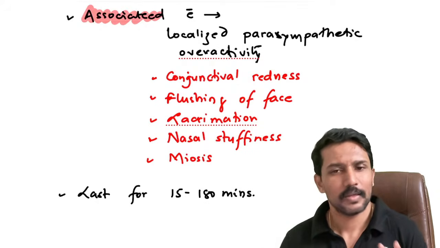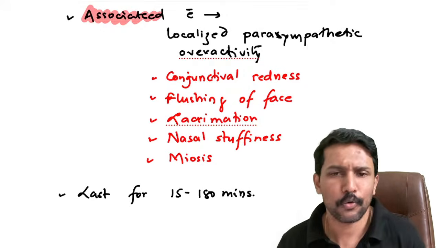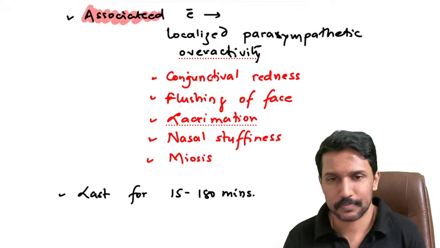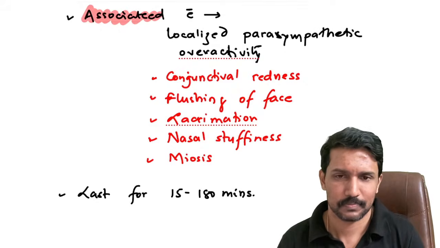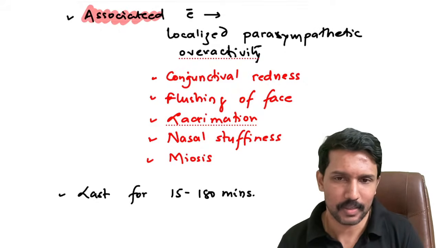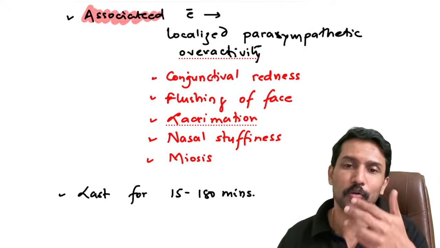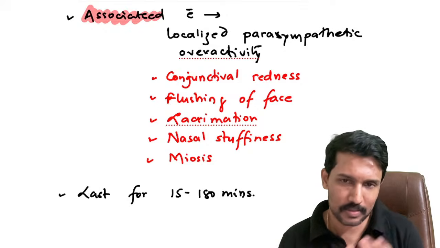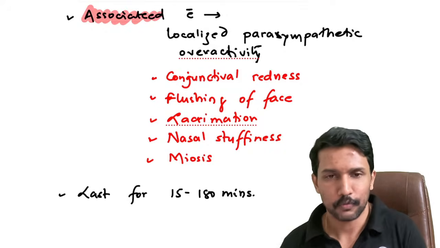Means anything that is lasting for 4 hours is not going to be cluster headache, because cluster headache resolves by itself by maximum 3 hours, not beyond that. Anything lasting for 4 hours or more, we're thinking of migraine. 4 to 72 hours is migraine. Cluster headache lasts for less than 4 hours.